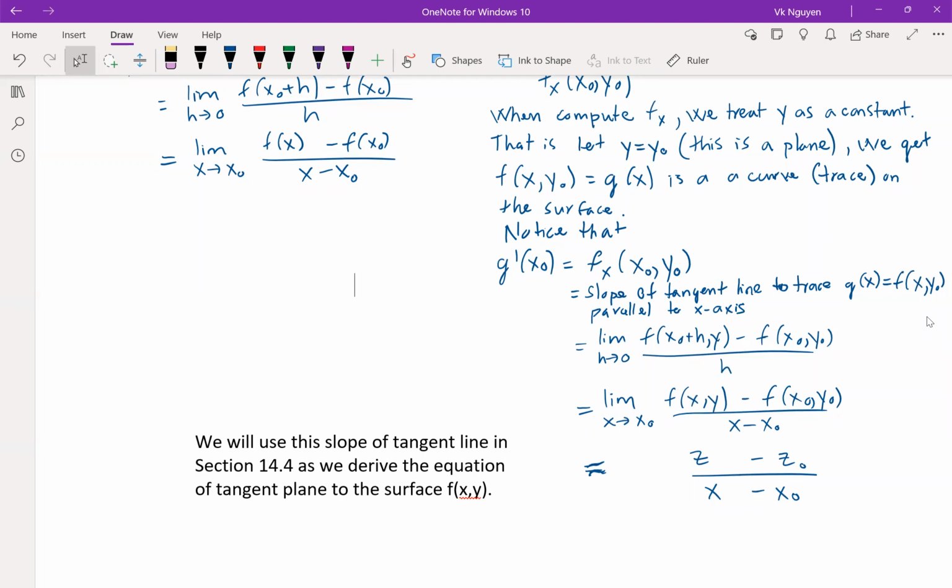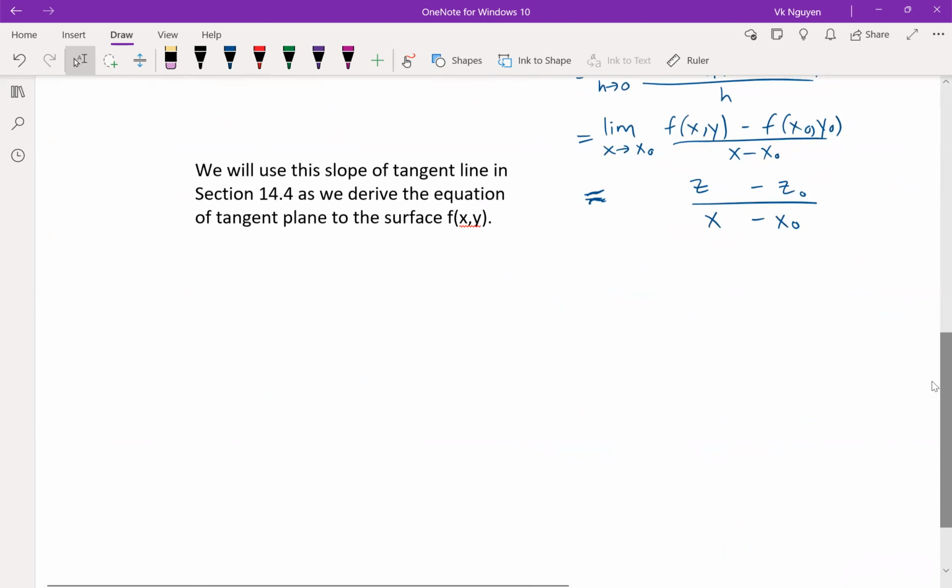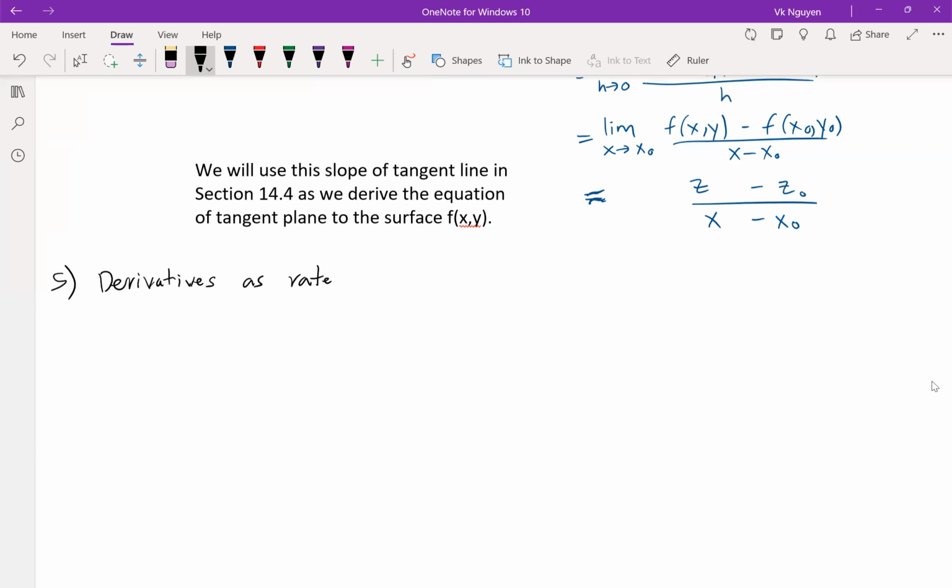Hopefully you see the geometry of a partial derivative, right? It's very cool. Derivative as rate of change. Because they have two derivatives, so rates.